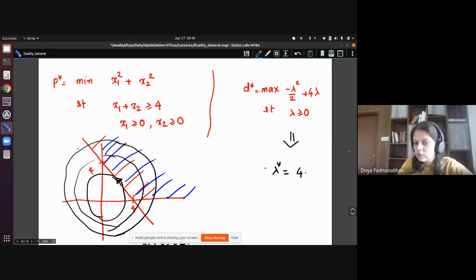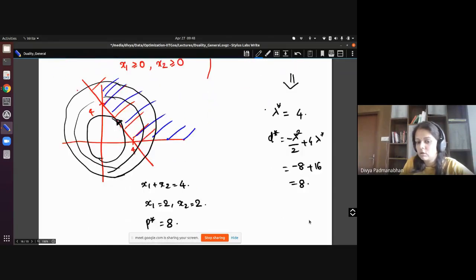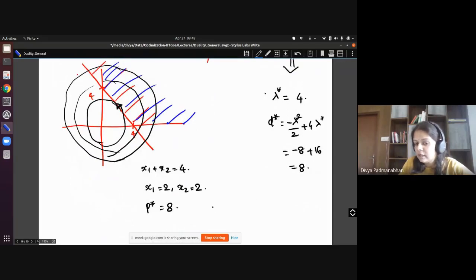And what was the objective? The best value. So D star was just minus lambda square by 2 plus 4 lambda. So what you got was minus 8 plus 16, and this was also 8. Okay, so here this was a case where the primal and the dual values matched. Okay, so we had strong duality here.